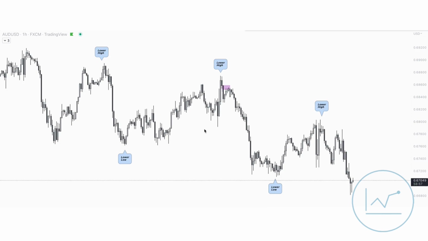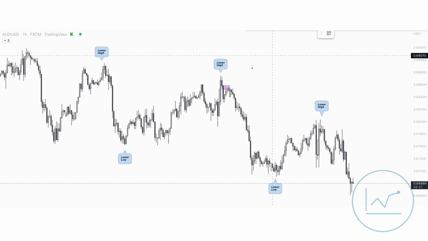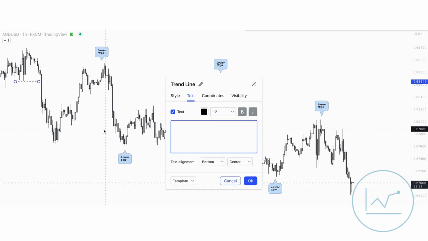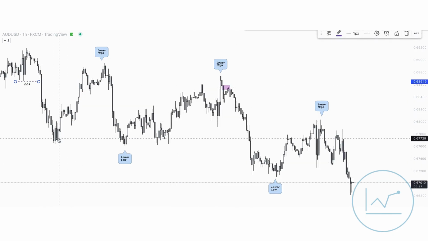So a pro trend structure is where the price broke the previous low and there's a supply created, and the price came back on that supply area and respected it. So as you can see here, this bearish move broke the previous structure and continues to the downside.